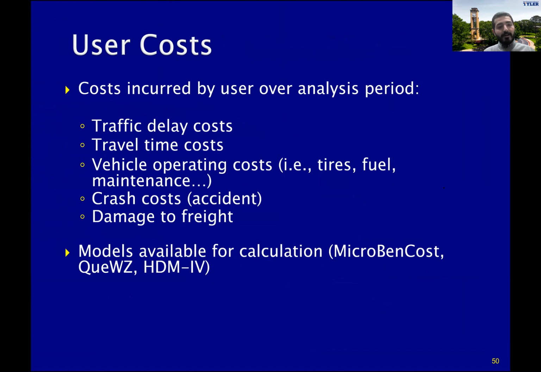Again, how can we put all the user costs as one big category? It's a big umbrella here that includes traffic delay cost. If you're stuck in your truck going back from work to your home for half an hour or an hour, that's money being lost.